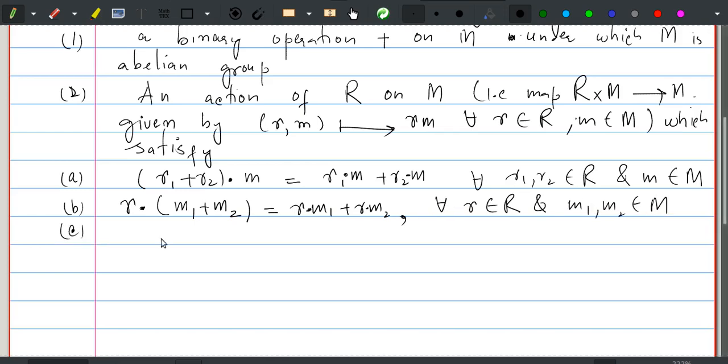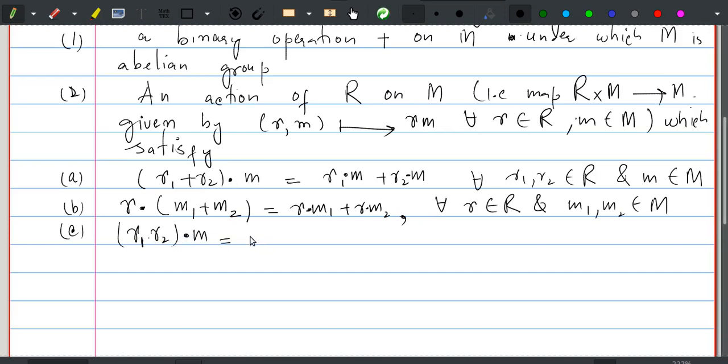The third item is, let us consider this multiplication. This is the multiplication in the ring R, and here is the scalar multiplication. These two multiplications should also be compatible.